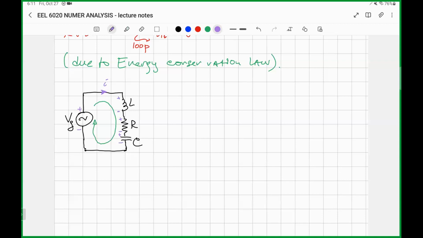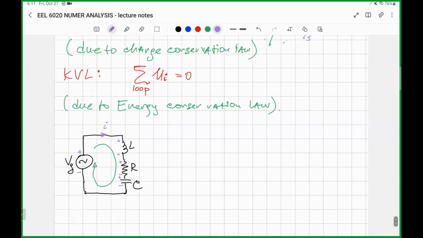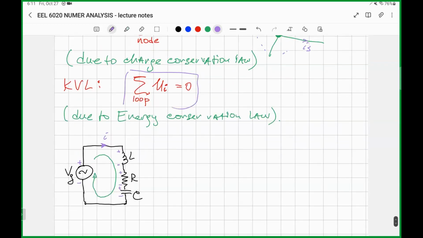Then for this chosen loop direction, and for the assigned plus and minus ends of each element, I take the voltage drop. So I use Kirchhoff's voltage law, right? If the direction of the loop goes from plus to minus, then I take the voltage drop across this particular element with plus.